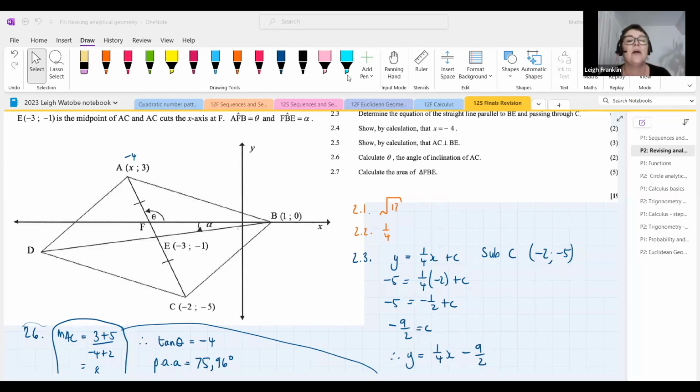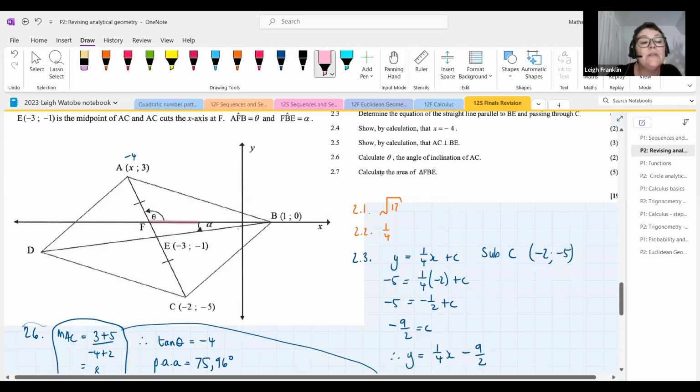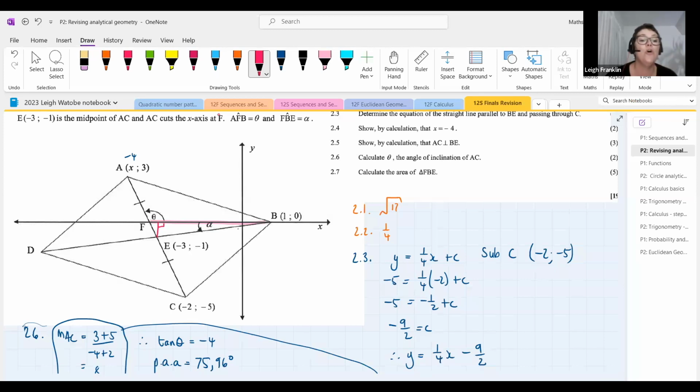No, that's not what I got, Pinga. I got 2,25. Okay, but I'm going to show you now. I'm going to quickly do the calculation. All right. So if I treat line FB as my base, I can work with a perpendicular height over here. All right. So they've given me the coordinates -3 and -1.